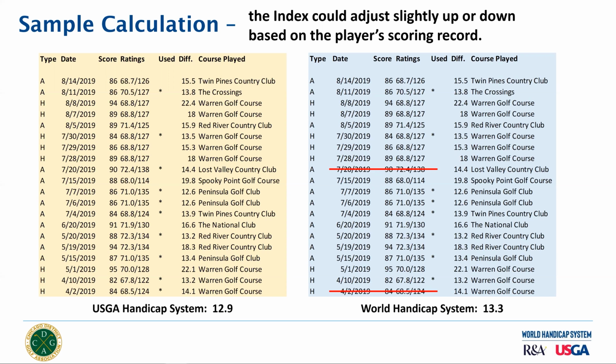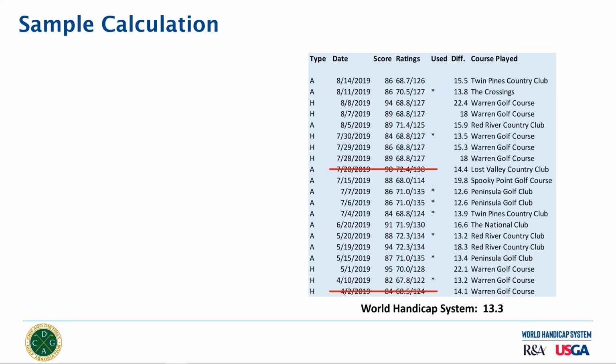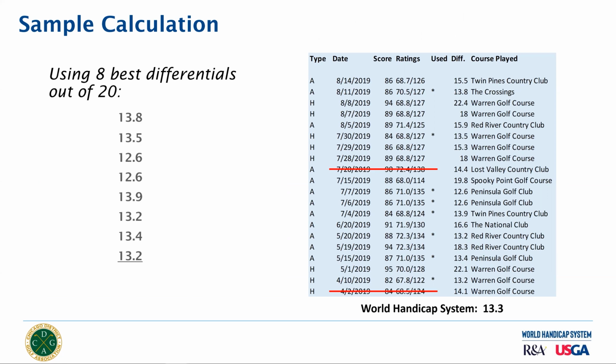And also what used to be called the bonus for excellence, where the number was multiplied by 0.96, has been eliminated. So going into this year, it is simply the low 8 of 20 averaged and rounded. And there's the example of how we got the 13.3.